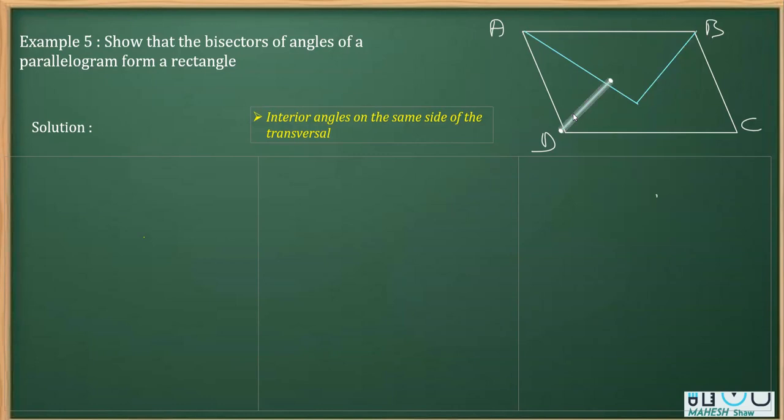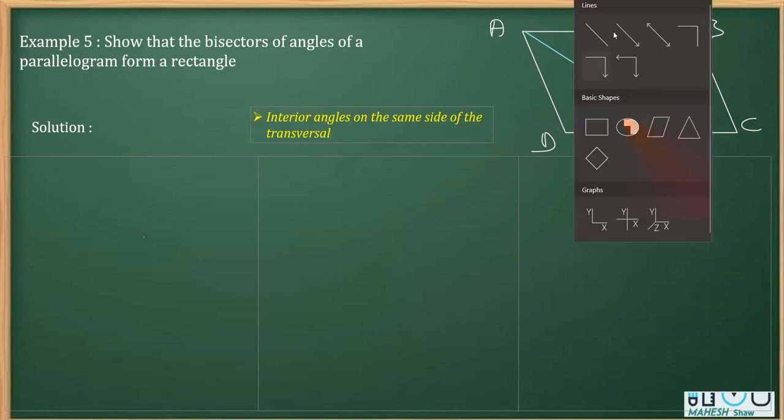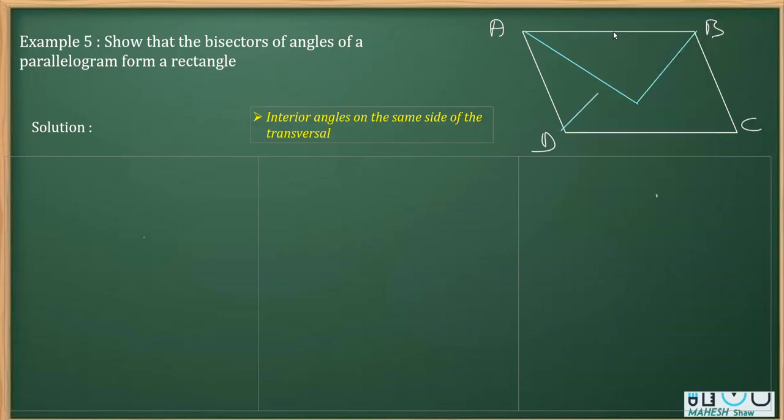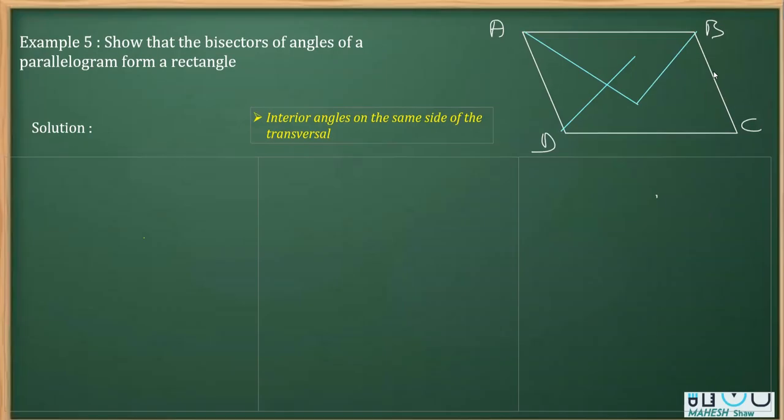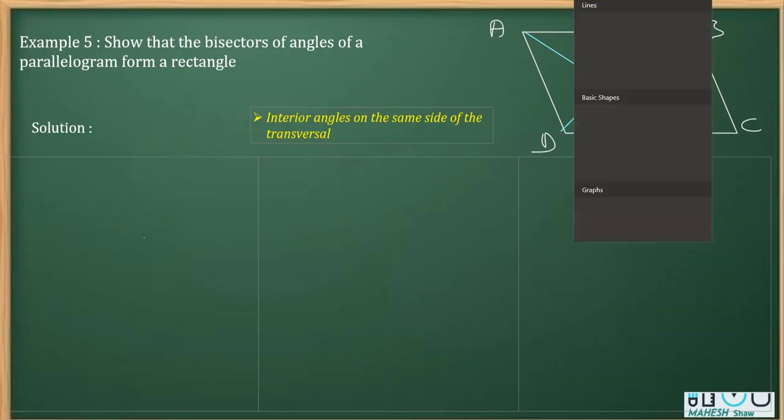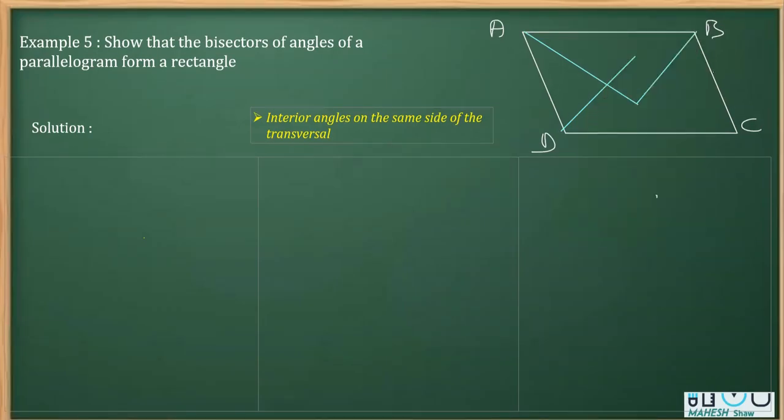Make sure when you're making the bisector, it should form a quadrilateral. And that's why I'm making it like this. And finally, the bisector for C. Let's say, and I name this figure as PQRS.